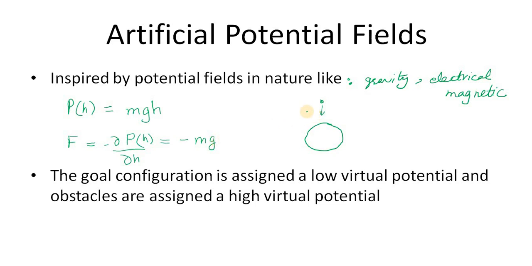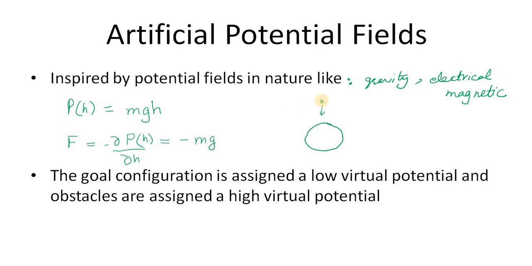So this was a natural field, and you can see that when an object experiences this kind of force in the gravitational field, it will start moving toward the Earth, toward the ground where the height is 0, with a force minus mg.